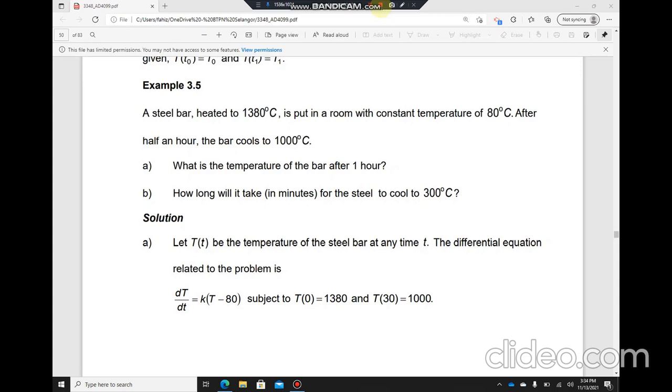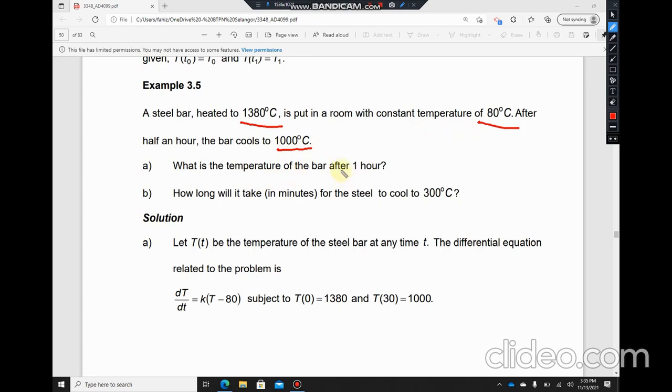Okay, so let's discuss example 3.5. In example 3.5, a steel bar heated to 1380 degrees Celsius is put in a room with a constant temperature of 80 degrees Celsius. After half an hour, the bar cools to 1000 degrees Celsius.